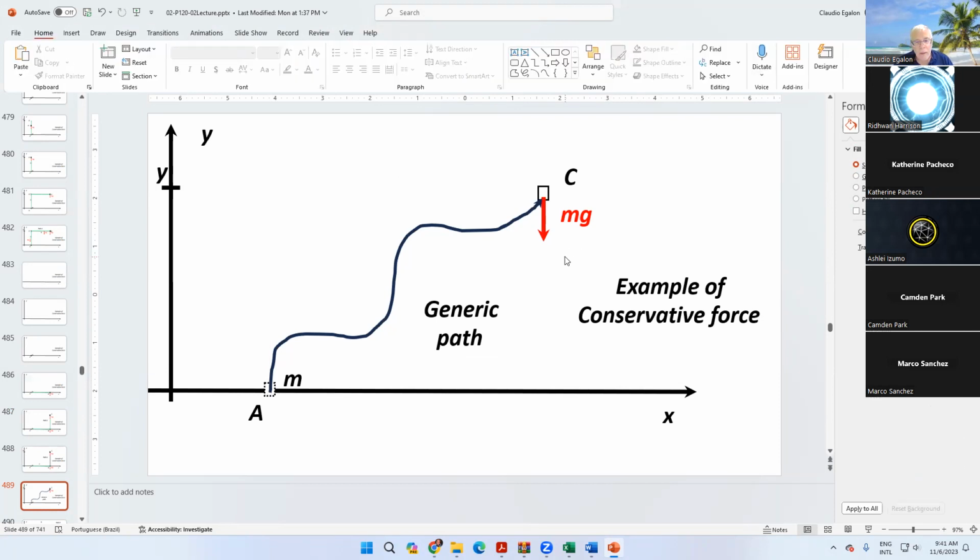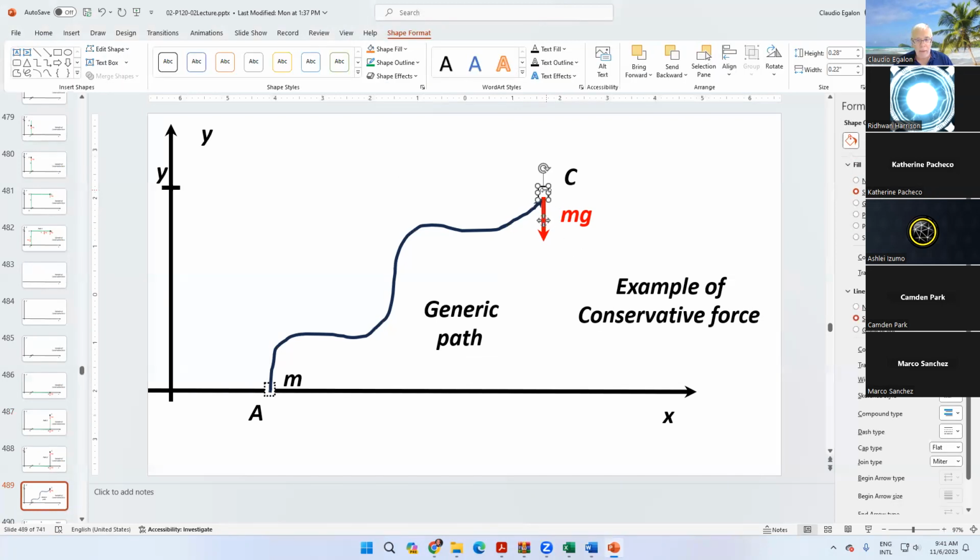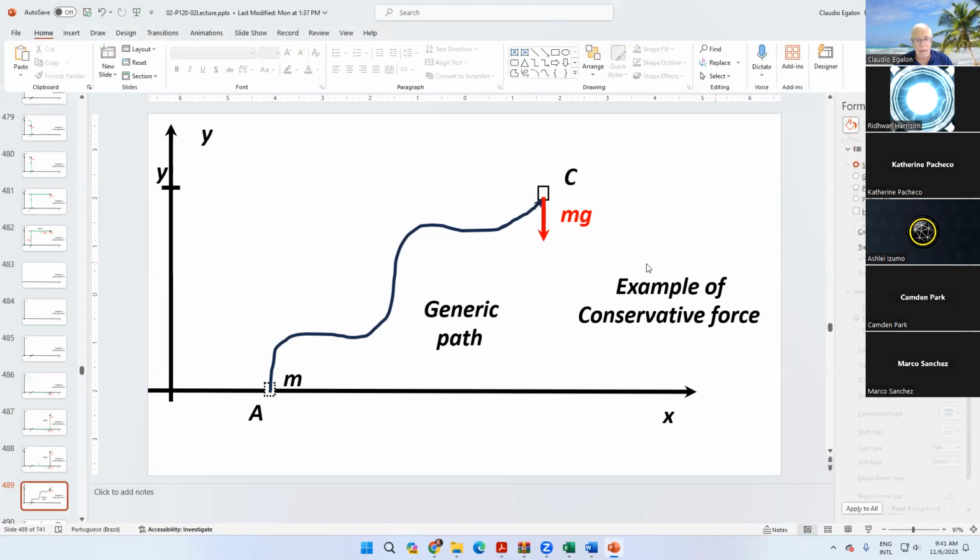Because the potential energy doesn't depend on the path.